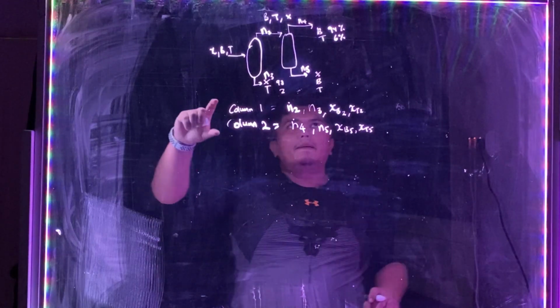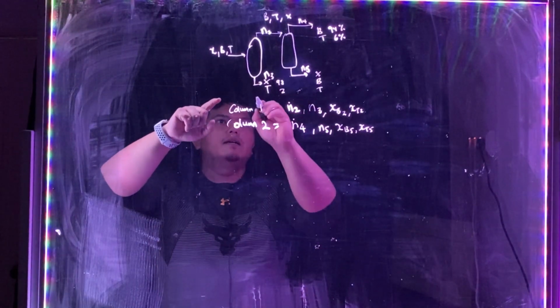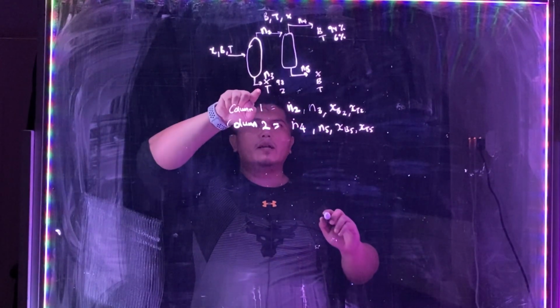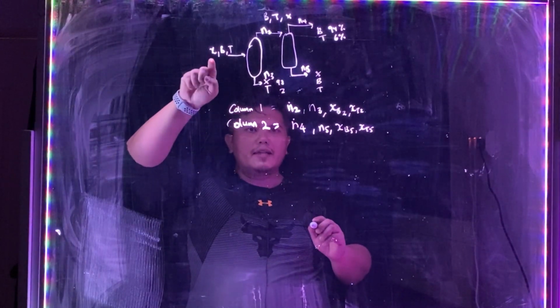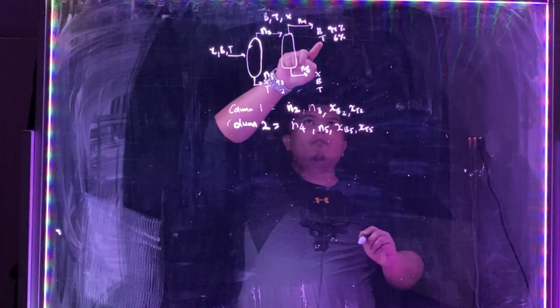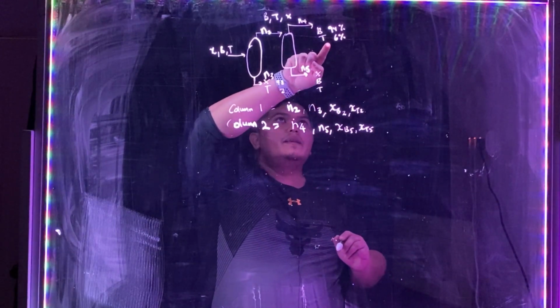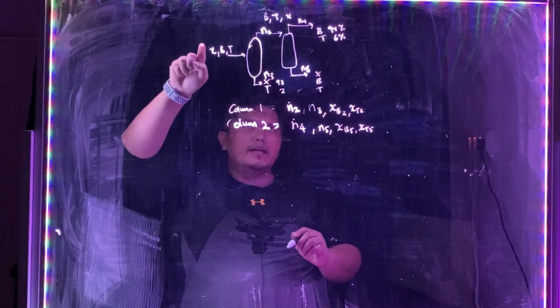The other additional information that you were given is that the amount of xylene that you recovered in the first column at the bottom product is 96% of the feed itself, and the amount of benzene that you recovered at the top product in the second column represents 97% of the feed that you put in.